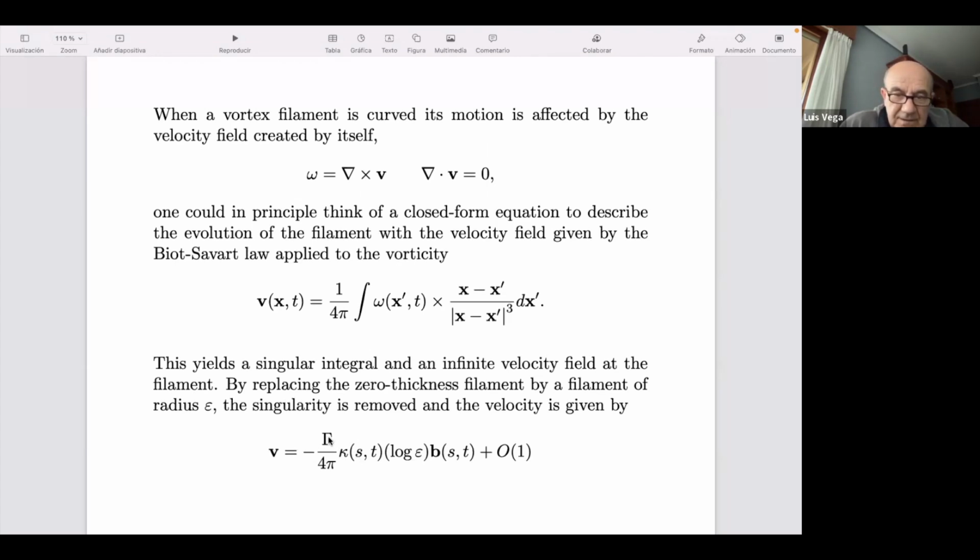So the strength will be gamma this time multiplied by, there is a 4 pi in this case, the curvature at the closest point of the point x. So you're assuming that x is outside at the distance epsilon, and then you have to find what is, you will see a picture in a minute, the point along the curve which is closest to x. And this is the leading order. And the next term is an O of 1. Okay, so let's continue.